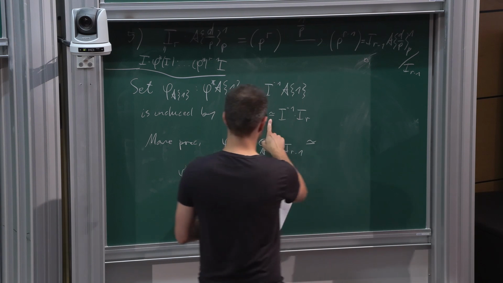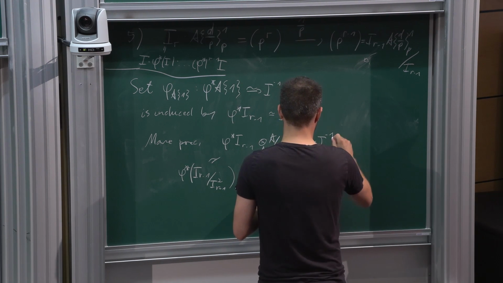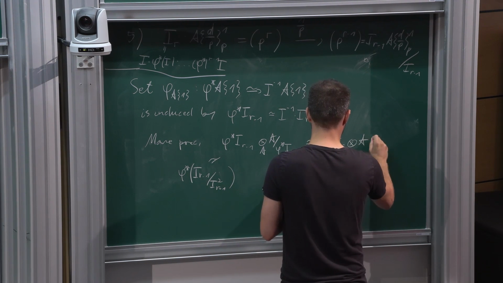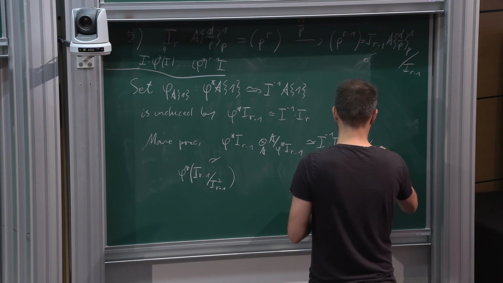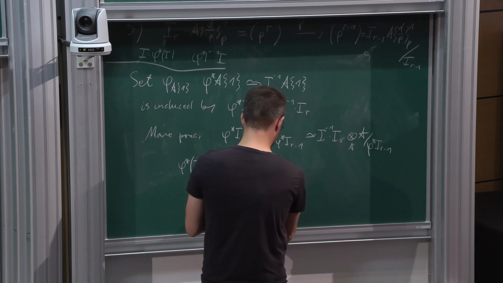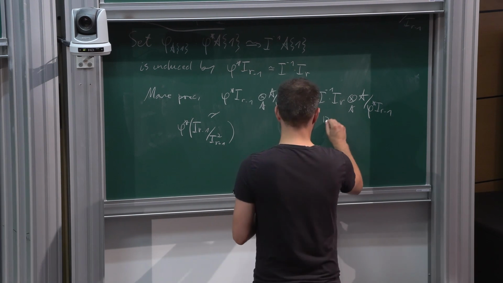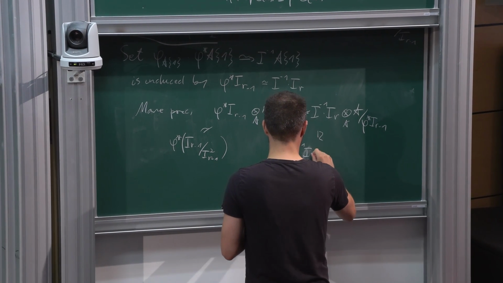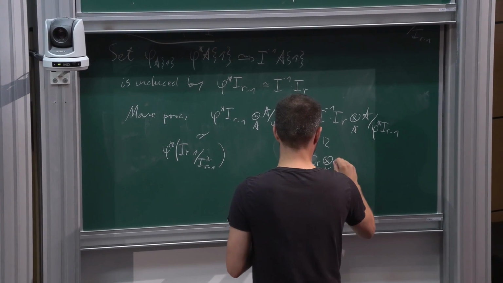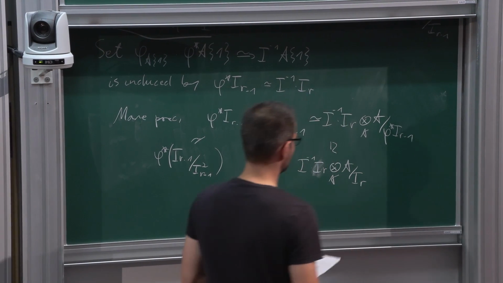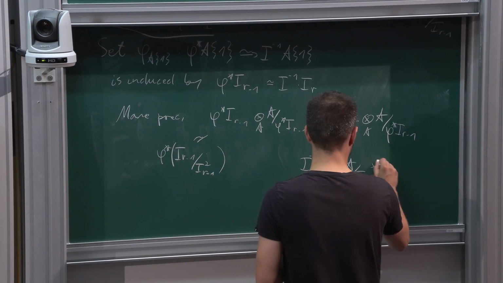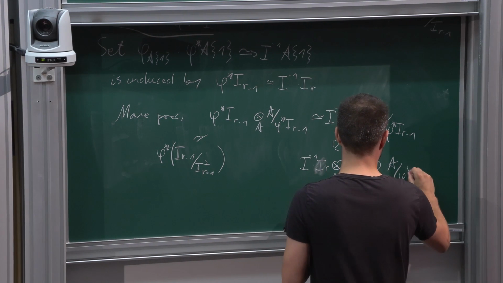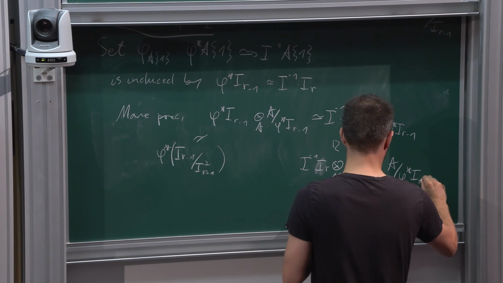And so by this isomorphism, this is also isomorphic to I inverse I_r tensored over A with A modulo phi upper star of I_(r-1). And so now one can also rewrite this term as I inverse of I_r tensored over A with A mod I_r tensored over A mod I_r to A mod phi star of I_(r-1).